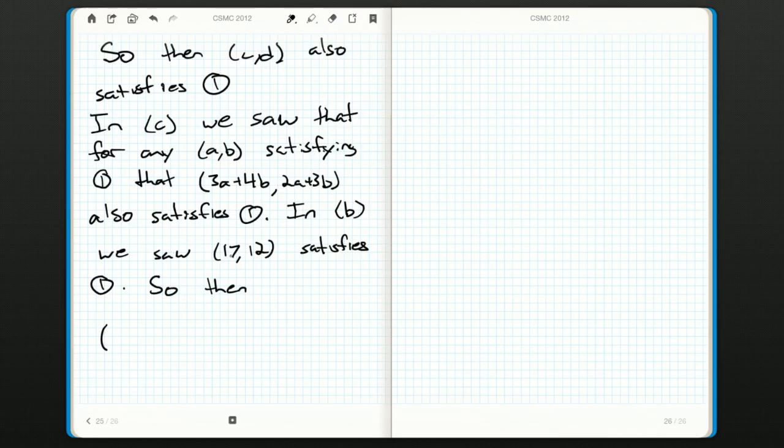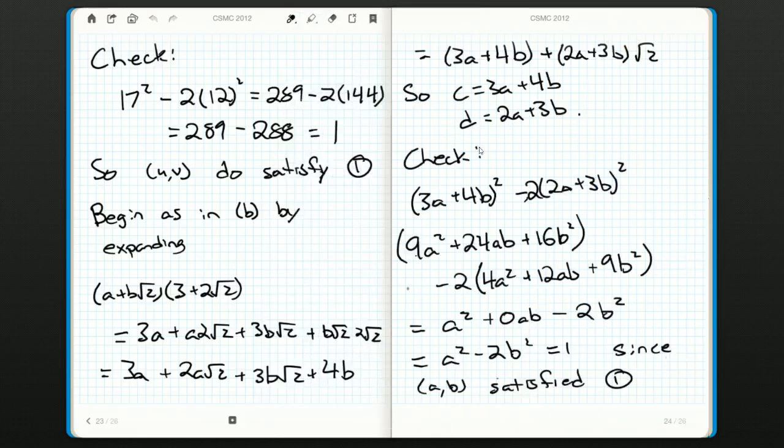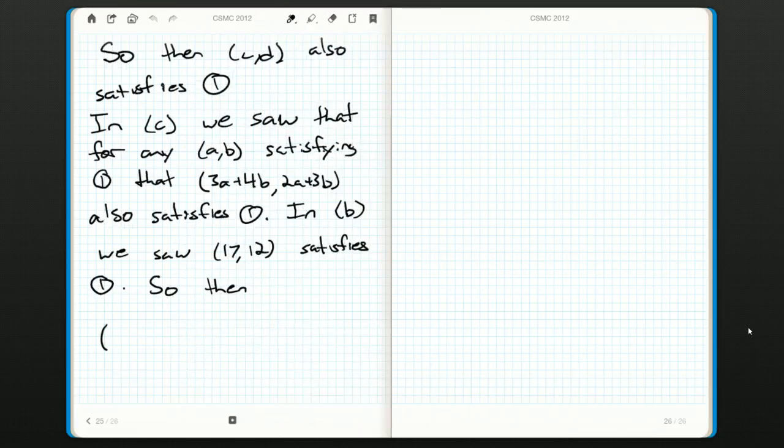So what we can do is use this 12 as b and 17 as a, and use what we saw in part C with these formulas 3a plus 4b and 2a plus 3b to build up bigger solutions where the y value gets larger.